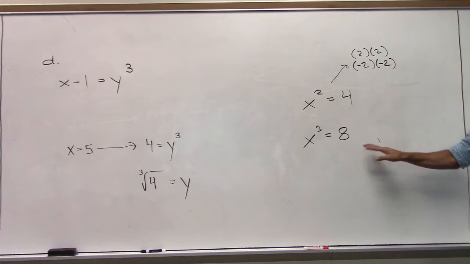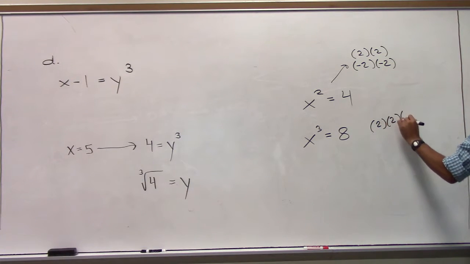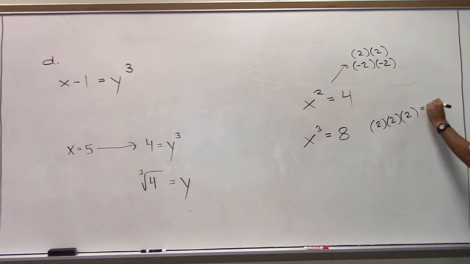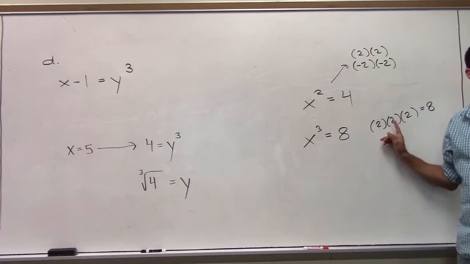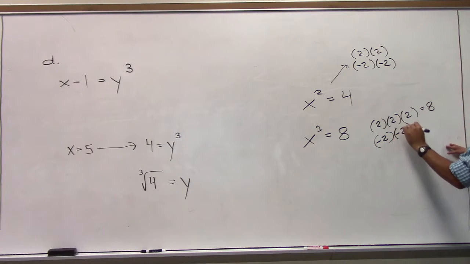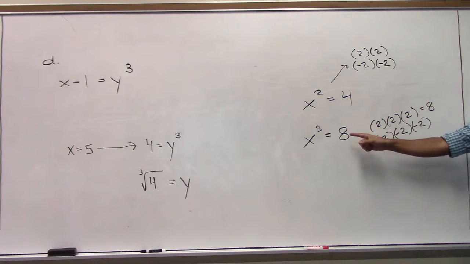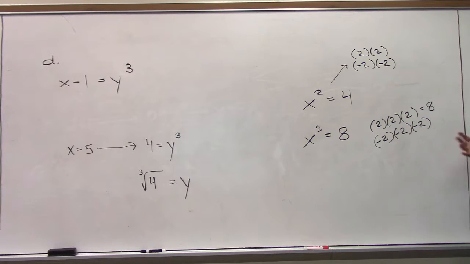If I do cubed, 2, 2, 2 will be 8. So 2 is an answer, but negative 2 couldn't be, because you'd have 3 negatives. Negative times negative is positive, times another negative is negative, so you get negative 8, not positive 8. Because it's odd, you don't have to worry about the 2 scenarios.